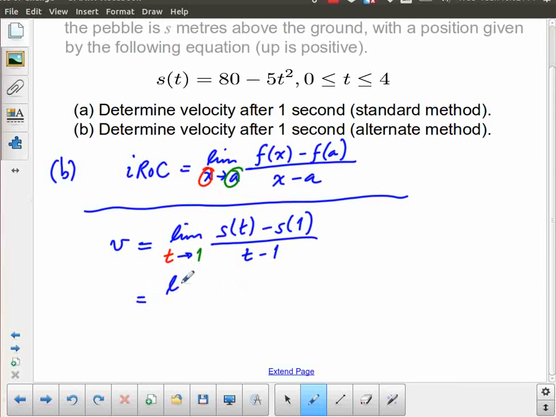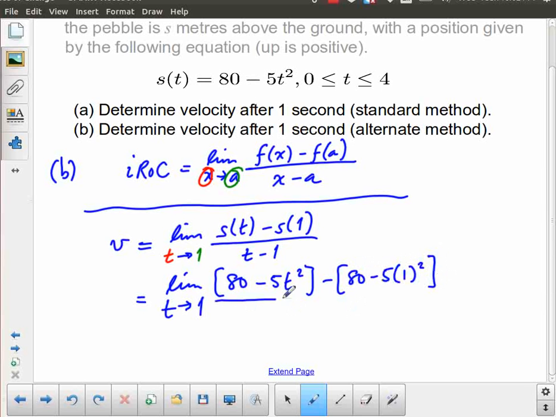So that becomes the limit as t approaches 1. Now s of t is just the original expression, so it's 80 minus 5t squared. Once again, I'm just going to use brackets to isolate these as I fill them out. S of 1 is 80 minus 5 times 1 squared, all divided by t minus 1.